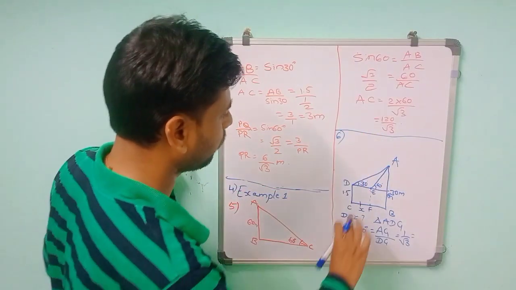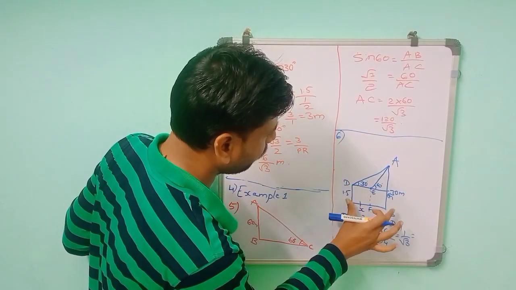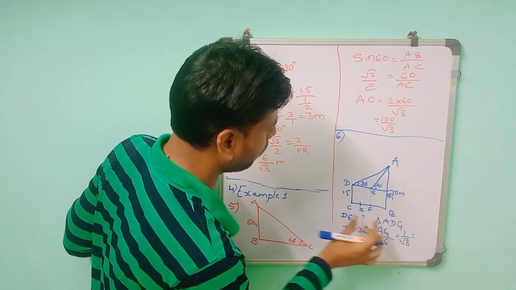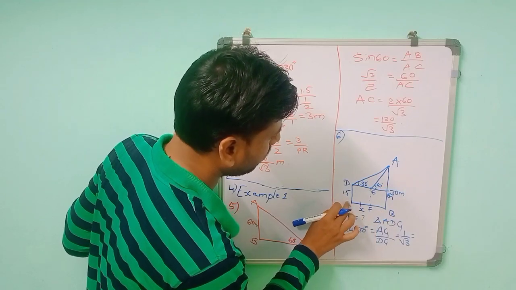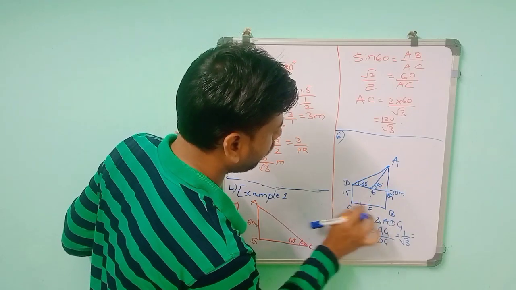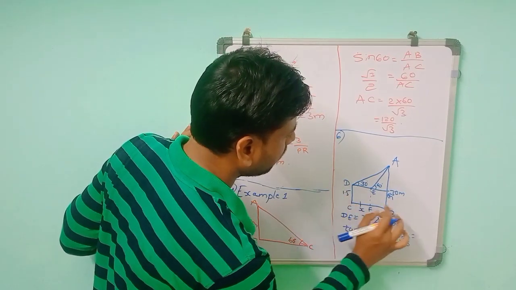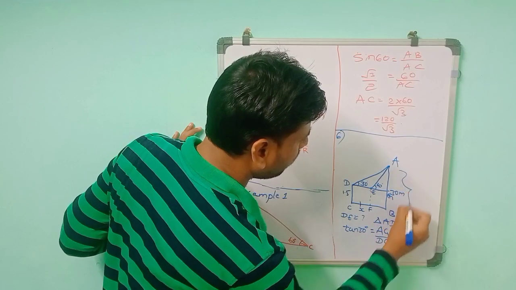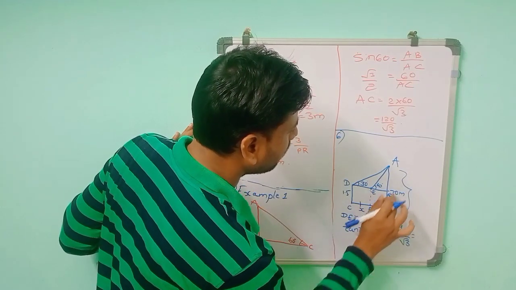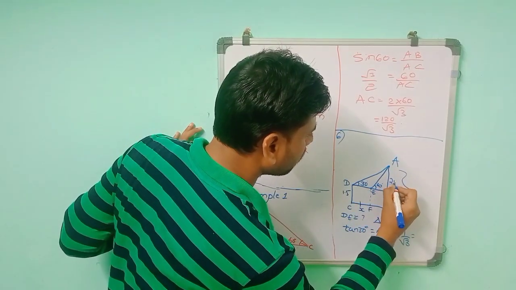If you see properly, he is standing at a distance from the building already. His height is 1.5, and the whole building is 30. So if it is 1.5, the remaining will be 28.5.